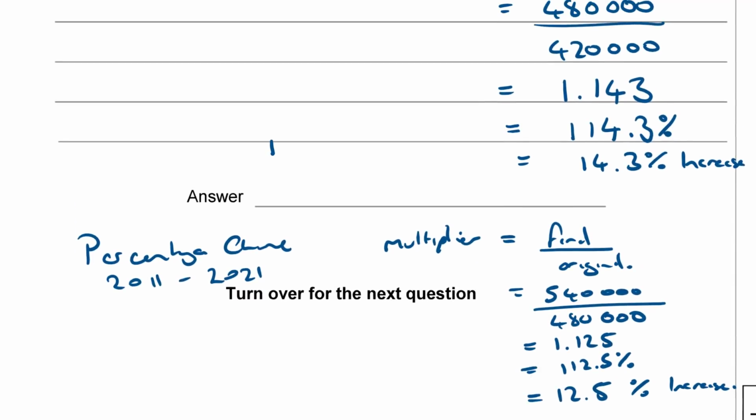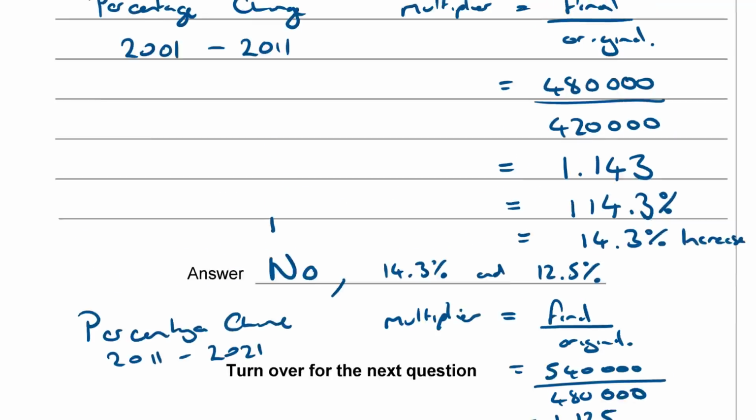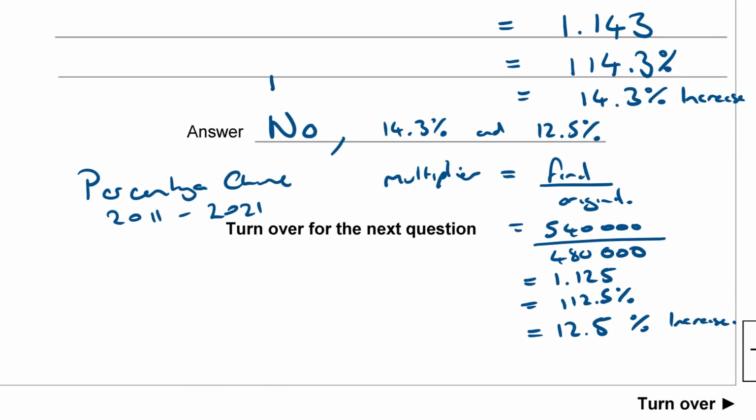No. And we've got 14.3% and 12.5%. So our two percentages. Okay. There seems to be enough space there to do all the method, or maybe I'm just not using it well. Okay, let's move on.